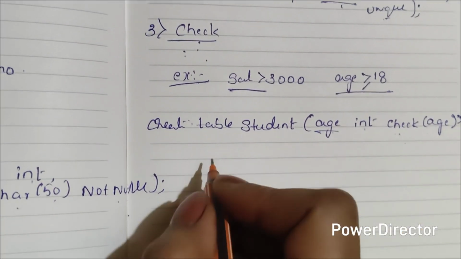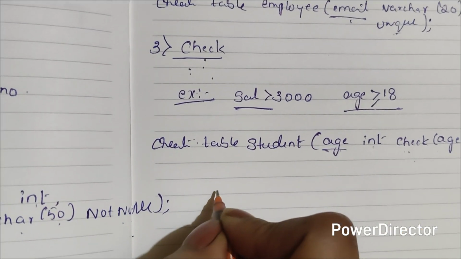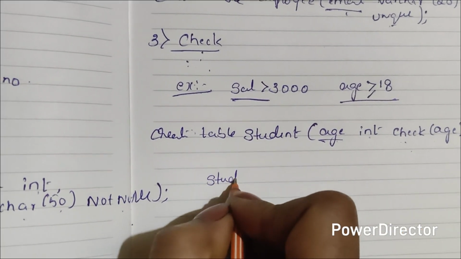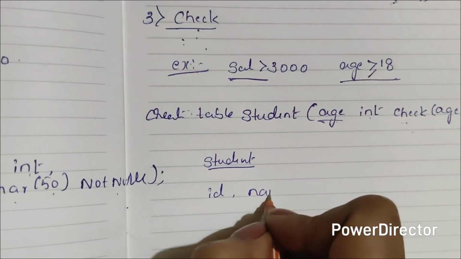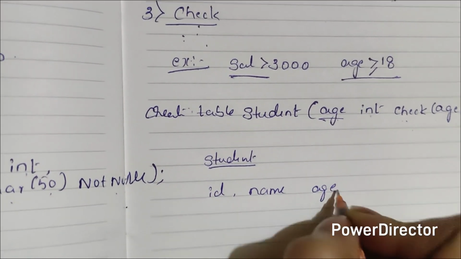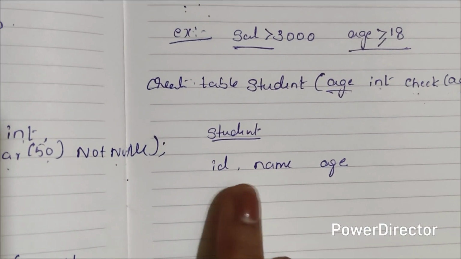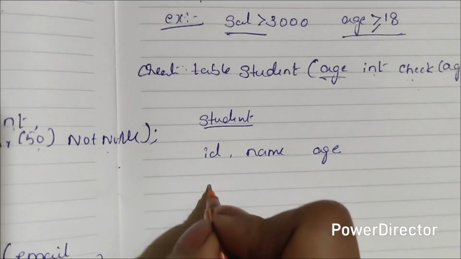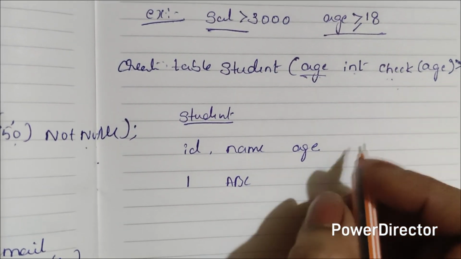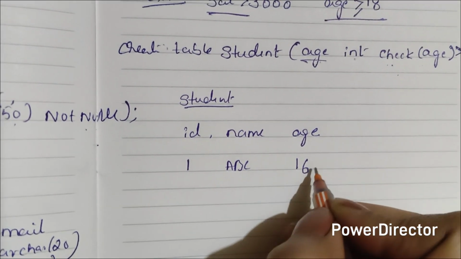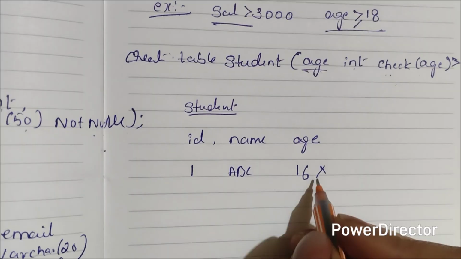So if this is a student table, then ID, name, age. If this is a table containing attributes like this, ID is 1, name is ABC. If I enter the age 16, then it won't take. It will throw an error message.